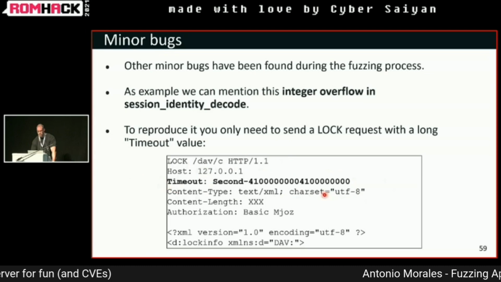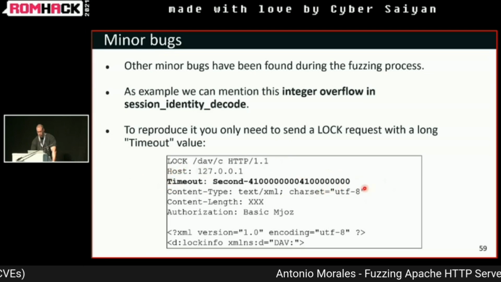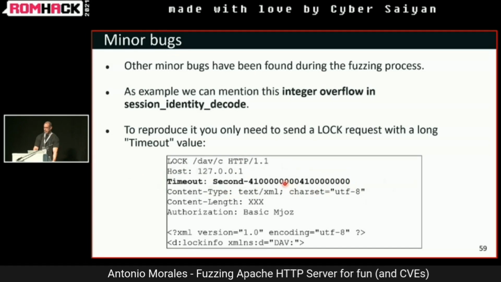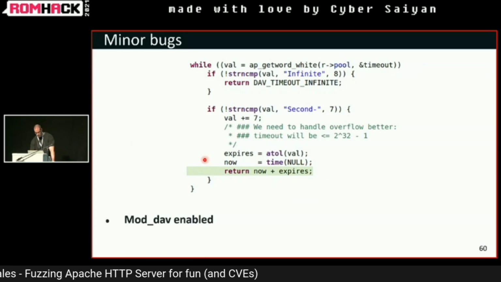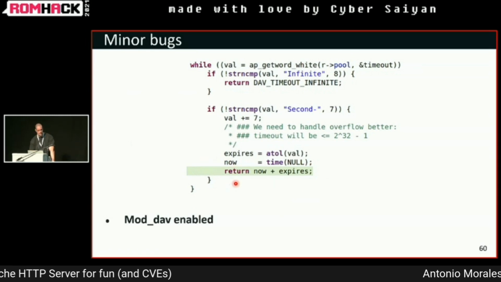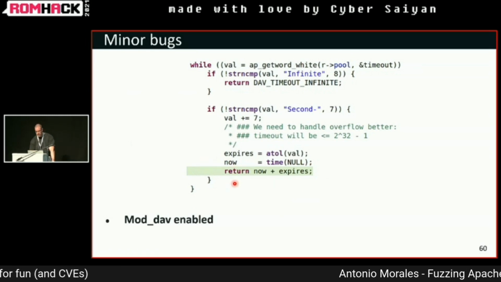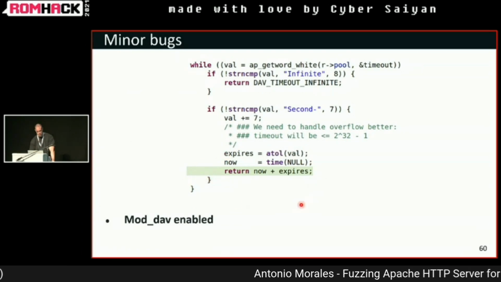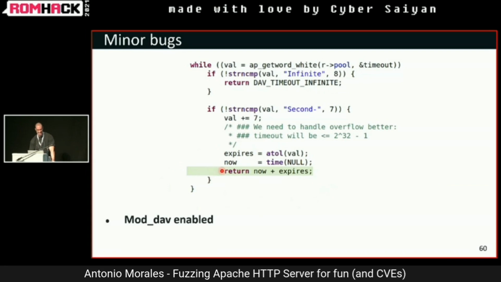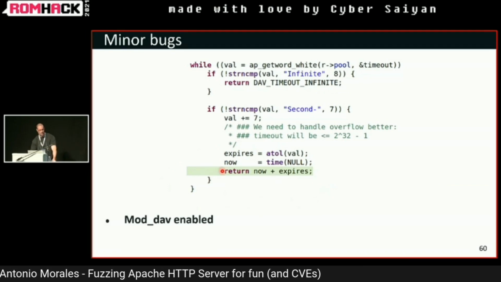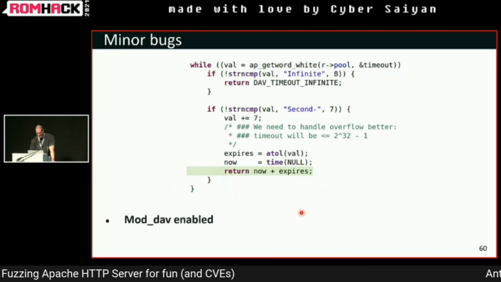But don't get confused. I mean, this is not an overflow. We provide a really long timeout value, but it is an integer overflow. I'm sure that most of you are able to identify what the problem is. Marco, I'm sure that you are able. Okay, perfect.